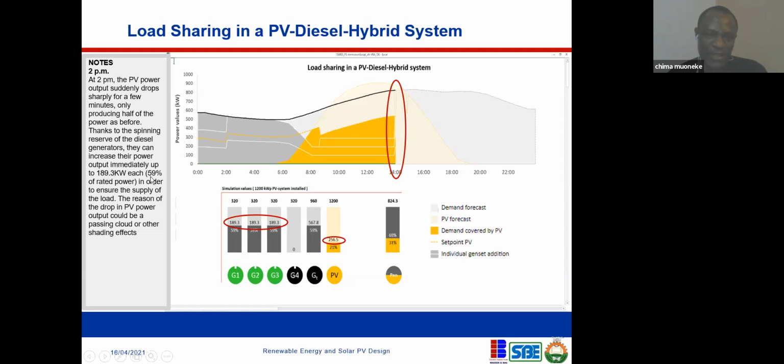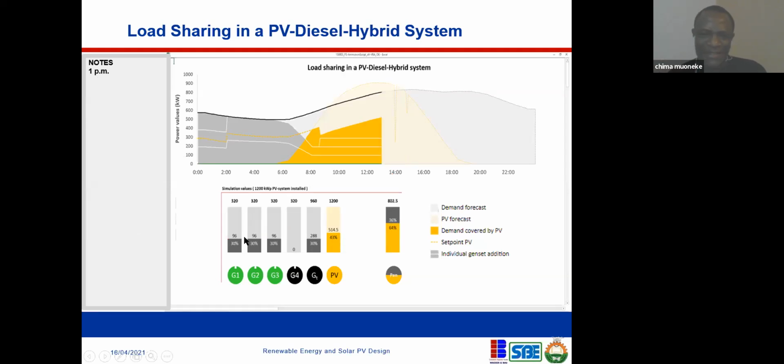Each of them is now operating at 59% of rated power in order to ensure that the supply of the load is not interrupted. The drop in PV power output could be a result of a passing cloud or other shading effect on the PV system, which makes the power suddenly drop. You can now see that the generators quickly ramp up their output.